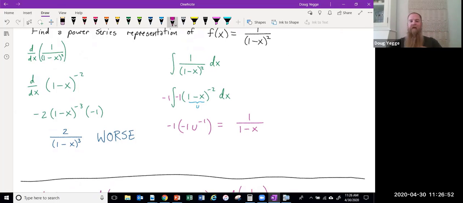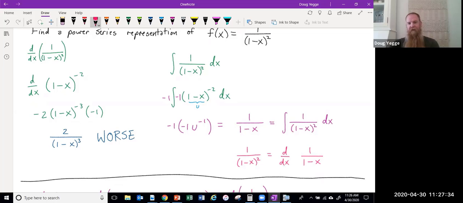What we're basically trying to do at this point is recognize that this function is equal to the integral of 1 over 1 minus x squared dx, which means also that 1 over 1 minus x squared is the derivative of 1 over 1 minus x.